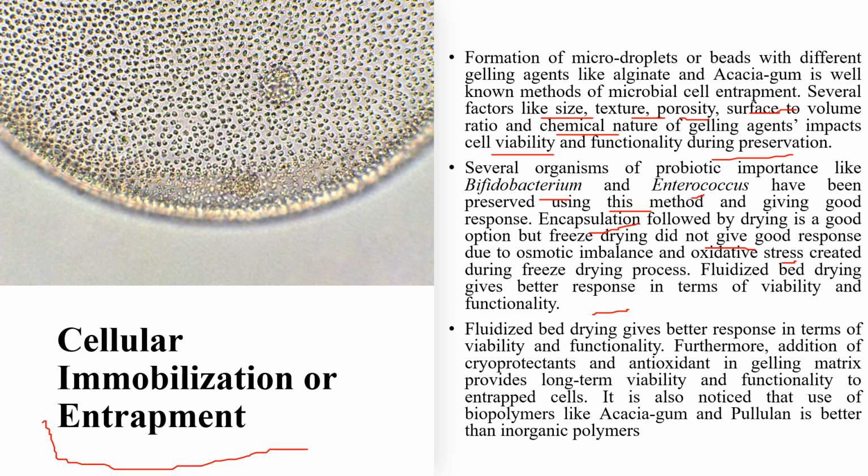Furthermore, addition of cryoprotectant and antioxidant in the gel matrix provides long-term viability and functionality to entrapped cells. It is also noticed that use of biopolymers like acacia gum and pullulan is better than inorganic polymers.